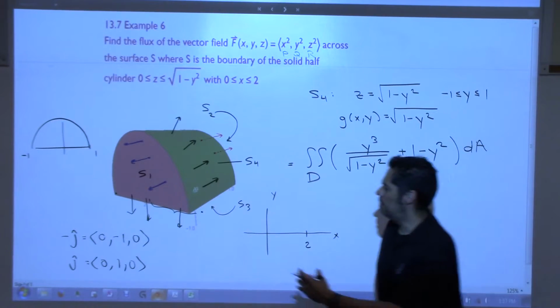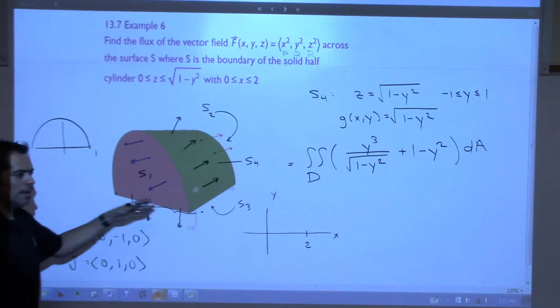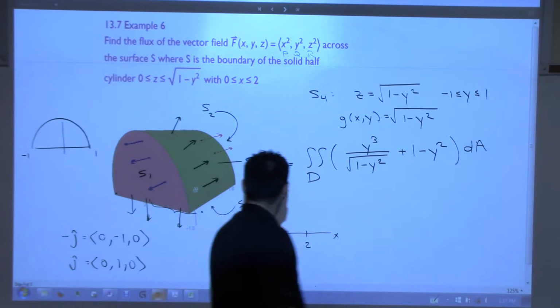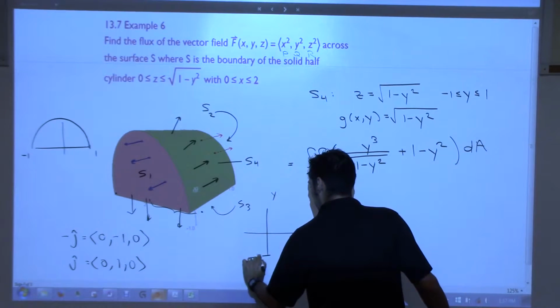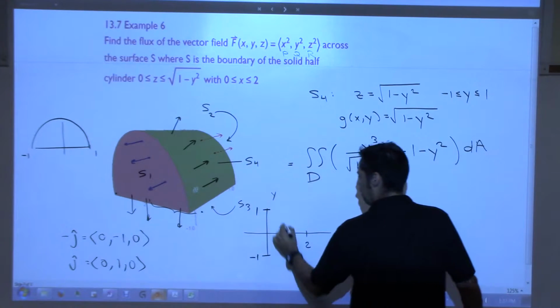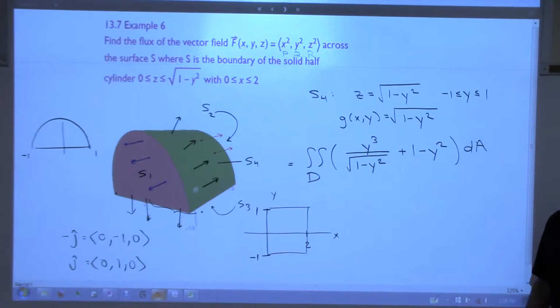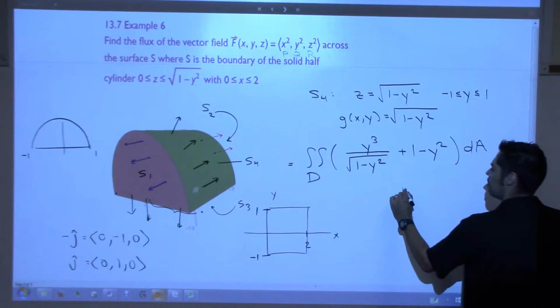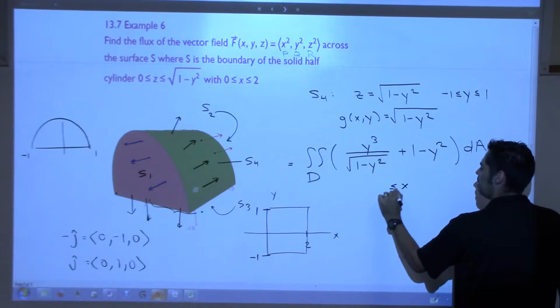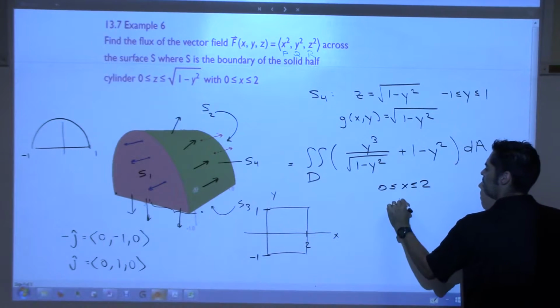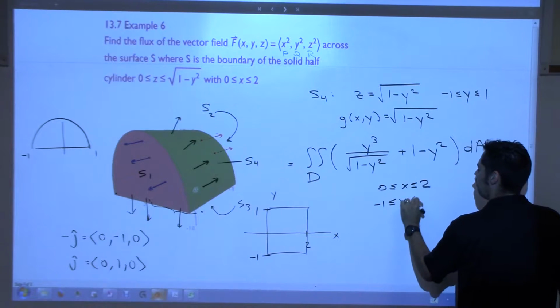And my y is actually this part, left and right. So negative 1, 1. So my restrictions are x is between 0 and 2, y is between negative 1 and 1.